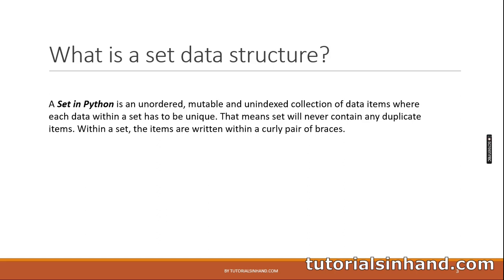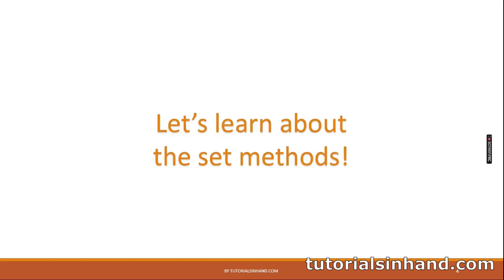Unlike a list, a set is unordered, mutable, but unindexed in nature. That is, you cannot do indexing in a set. And in the case of a set, we write the data items within a pair of curly braces.